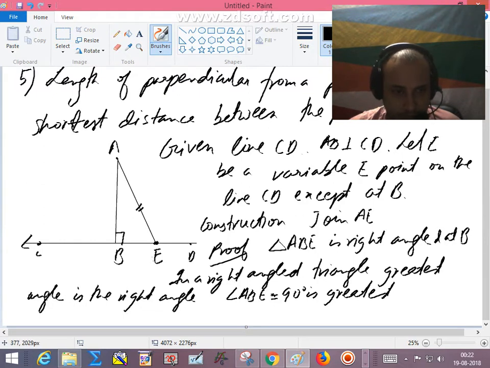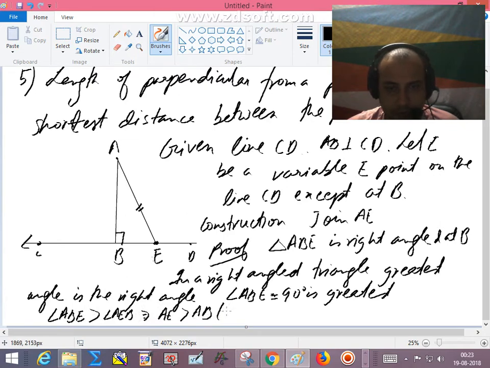So I can always say angle ABE should be greater than angle AEB, right? Because ABE is the greatest angle. So continuing with this inequality, I can say AE should be greater than AB. Why? Because the side opposite to the greater angle is always greatest.